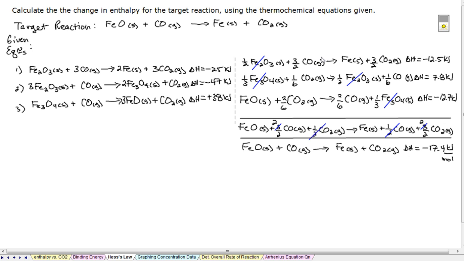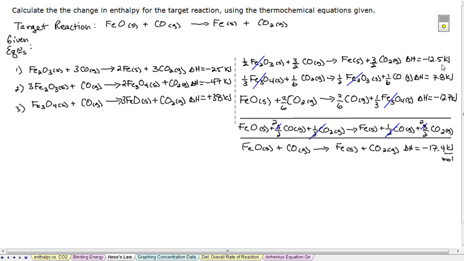Now, when we go back, we see that in this first equation I divided by 2, which is what I did with my enthalpy. Here, I flip things around and divide by 6, and in this one, I flip things around and divide by 3.